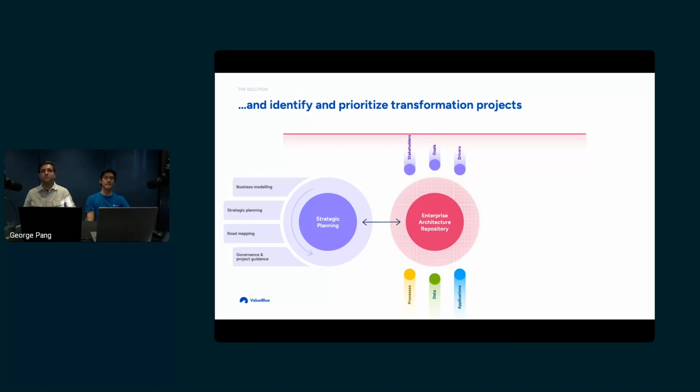It helps them identify and prioritize transformation projects. It starts with modeling your business using tools like business model canvases and capability maps. It then looks at strategic objectives and goals to identify potential projects. It prioritizes the projects and looks at dependencies to create a transformation roadmap. And also sets guidance and standards for consistent execution of the projects, your governance.